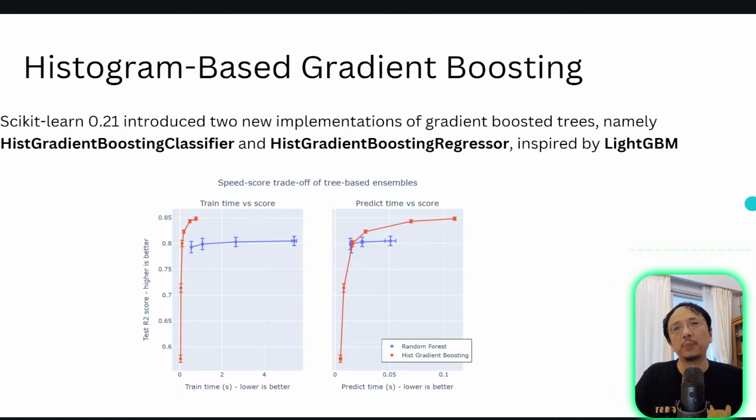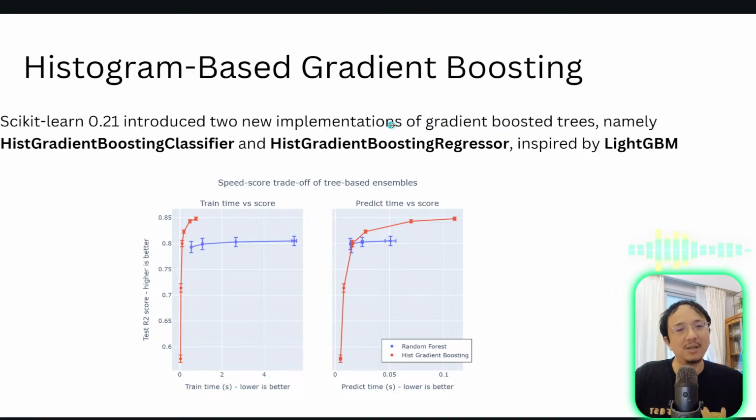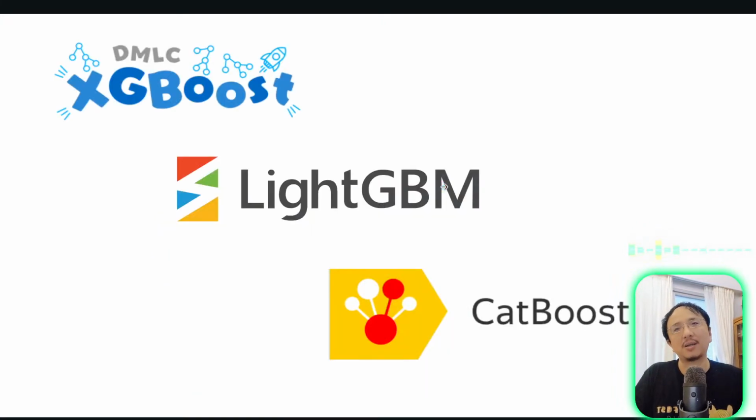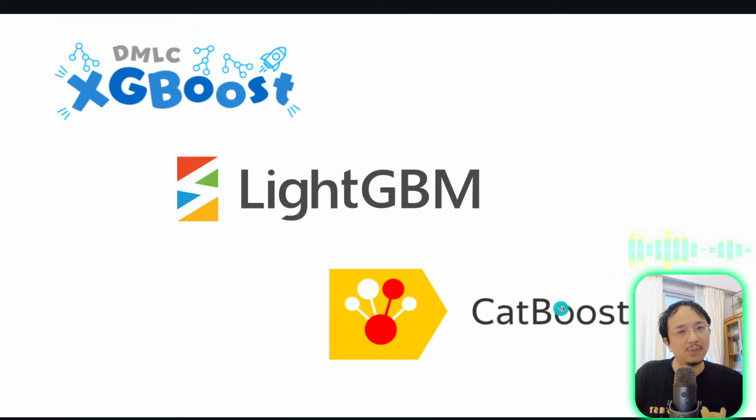So you can try random forest or the gradient boosting method in scikit-learn, as well as using LightGBM or XGBoost or CatBoost. These are probably the three most famous tree boosting libraries that you can find.